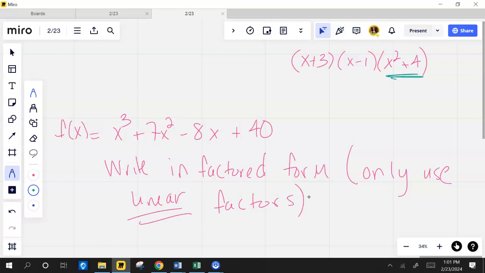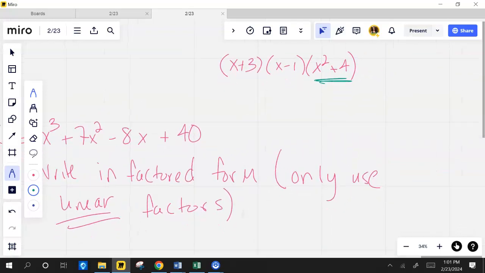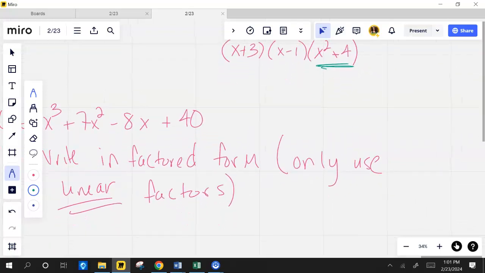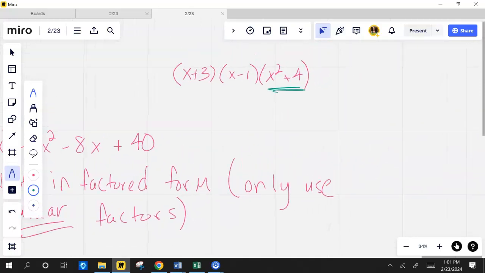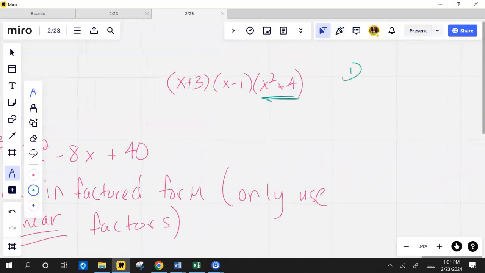I have to make it a linear factor, so first I have to find the zeros.